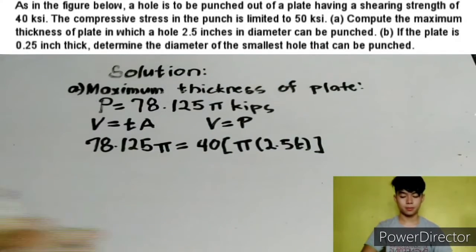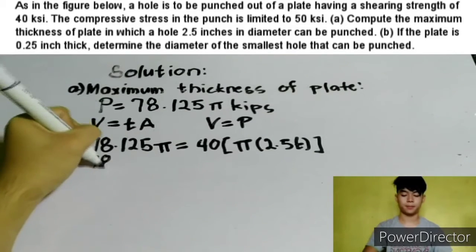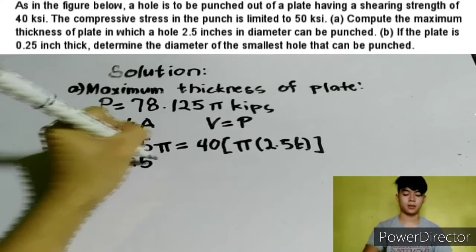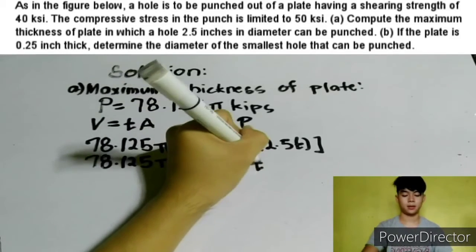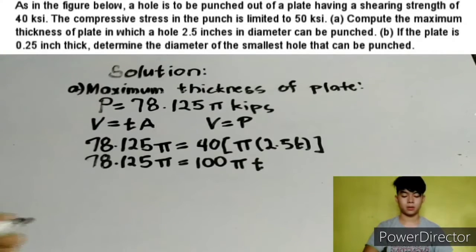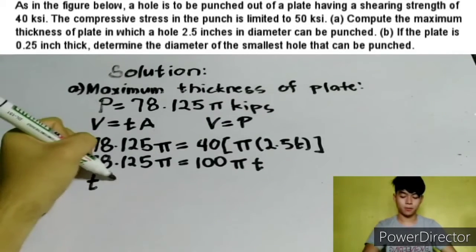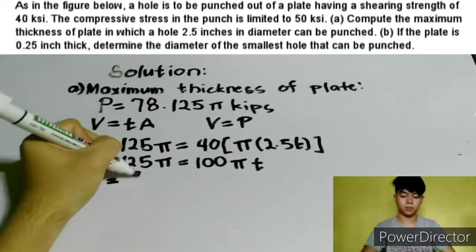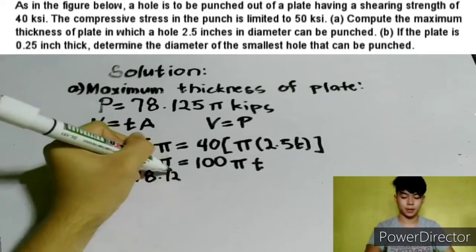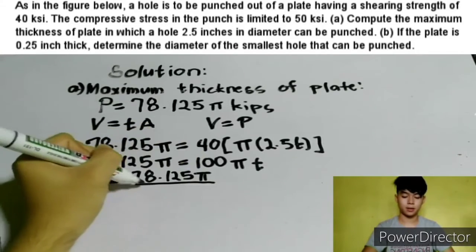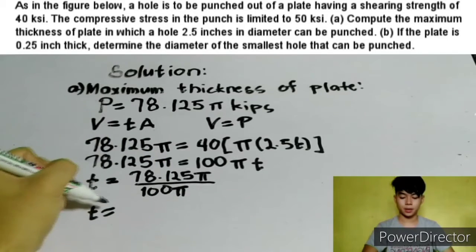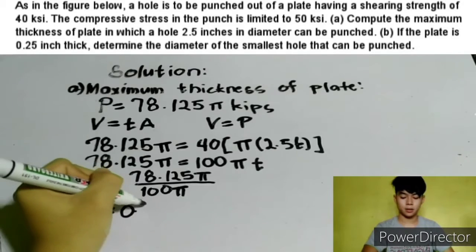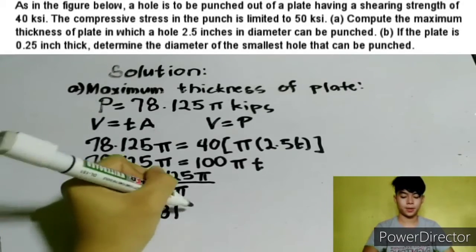So 78.125 pi equals 100 pi t. So we now solve for t. t is equal to 78.125 pi over 100 pi. So t is equal to 0.781 inch.